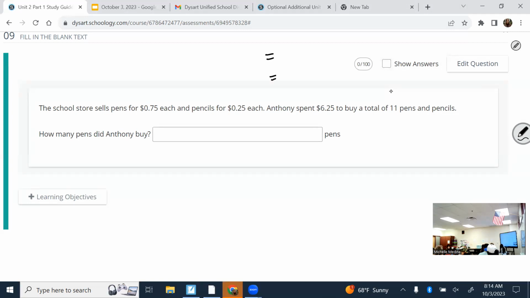What's one of my totals? That's what something costs. 625 is the total he has to spend, and then what's the other total? So use that and then now make your equation. What should go on the other side of the 6.25?